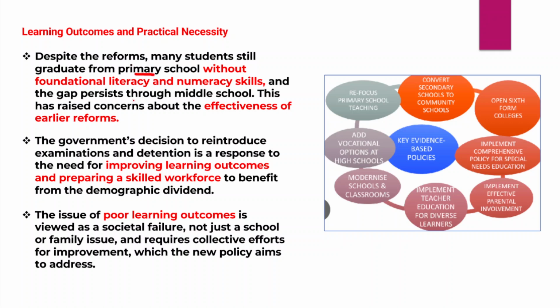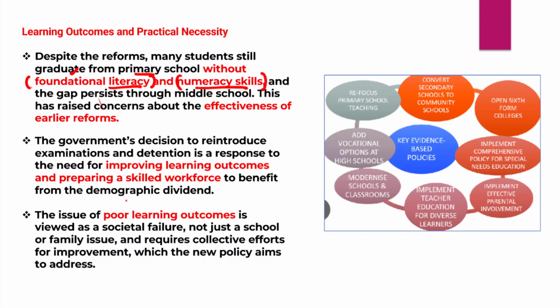But even though they have graduated from primary school, they are lacking foundational literacy as well as numeracy skills. Foundational literacy and numeracy skills are very, very important to measure better learning outcomes among the students.